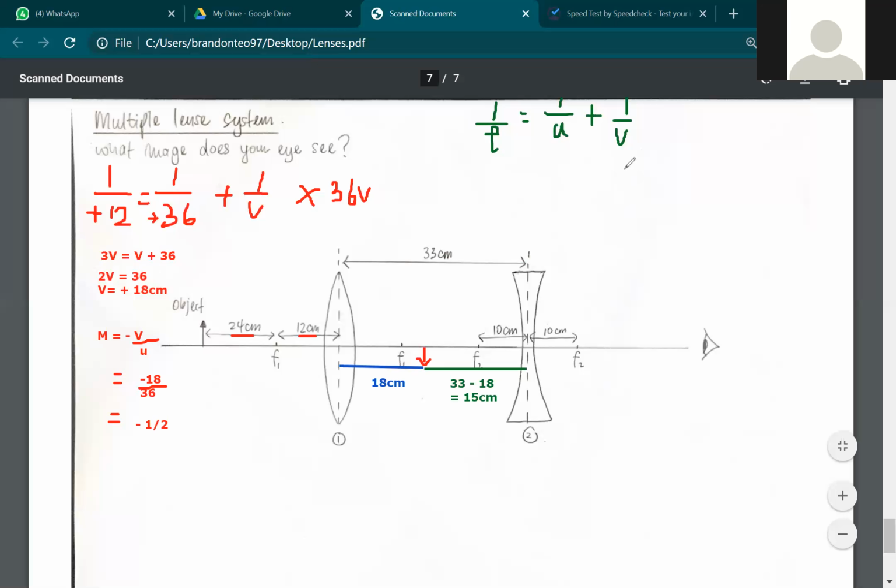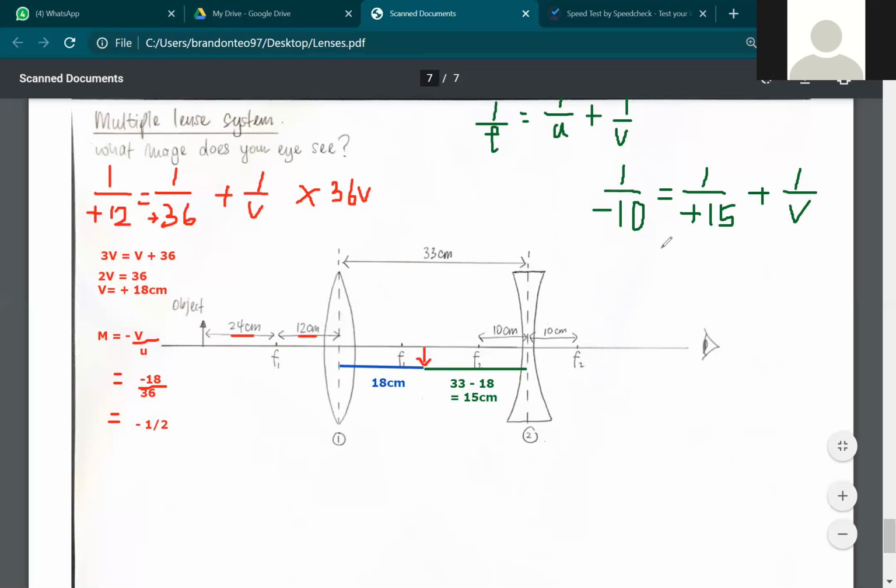Again, I'll do a second calculation for the second lens. So 1 over f. What is the f? The f of the concave lens is negative. So negative 1 over f equals 1 over object distance. For the object distance we don't take 36, we take 15, plus 1 over v.